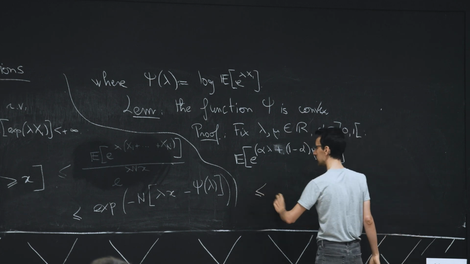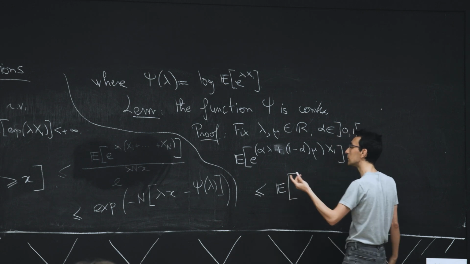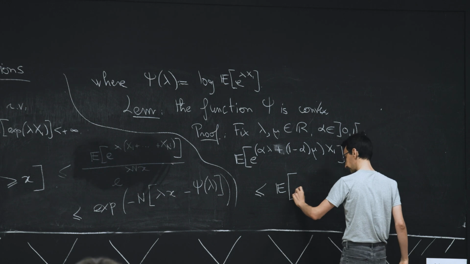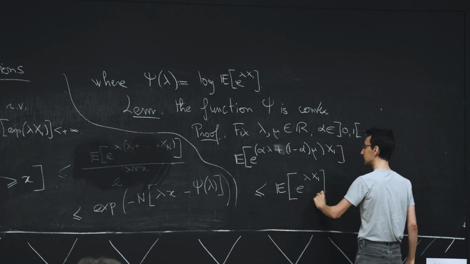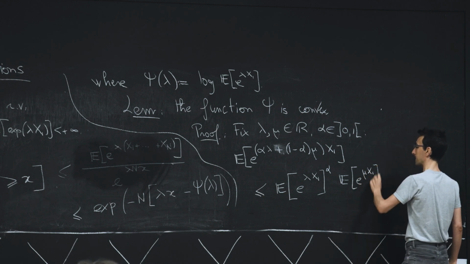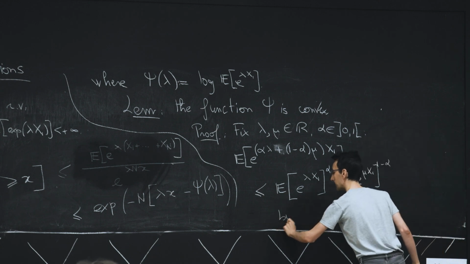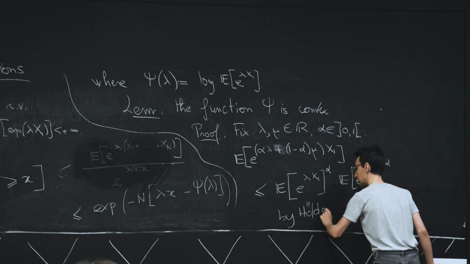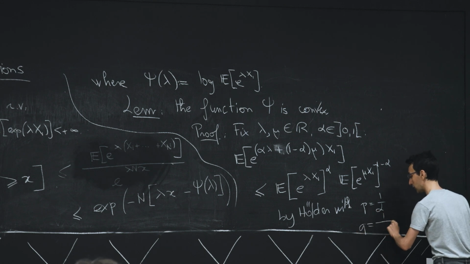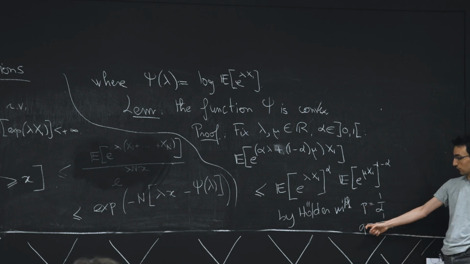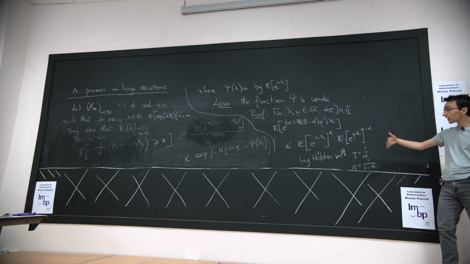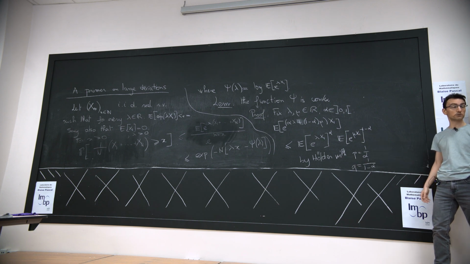I'm going a bit quick because it's supposed to be a little bit more standard, but I hope you can still follow something. So this is by Hölder with exponents p equals 1 over alpha and q equals 1 over 1 minus alpha. You can observe that 1 over p plus 1 over q is equal to 1. Does that make sense? Now, if you take the logarithm of this expression, you get the convexity that was claimed.